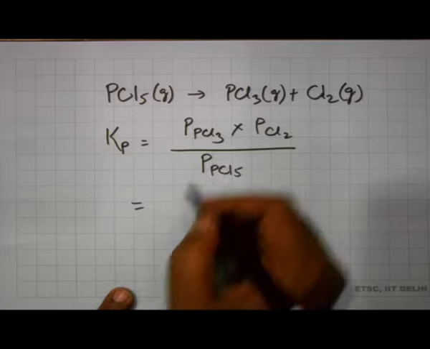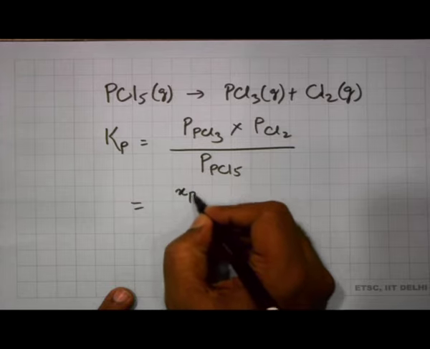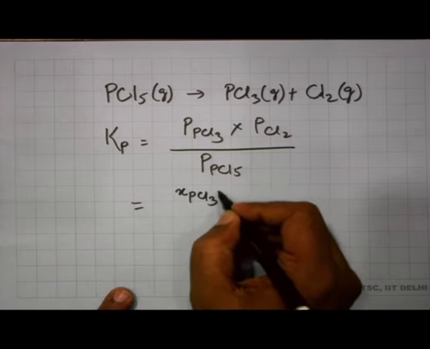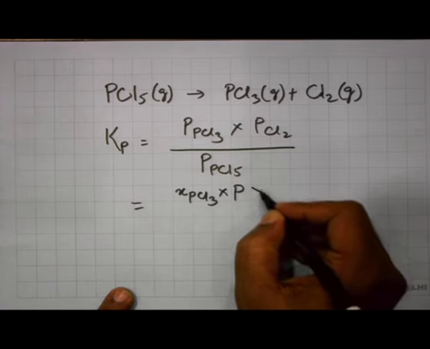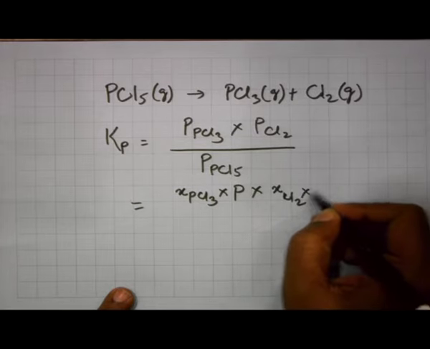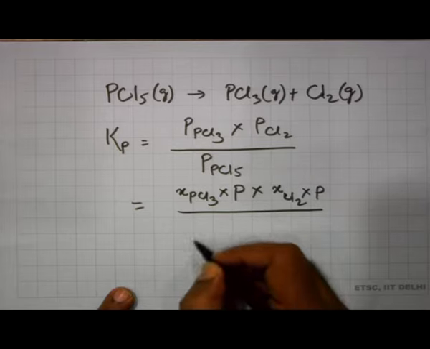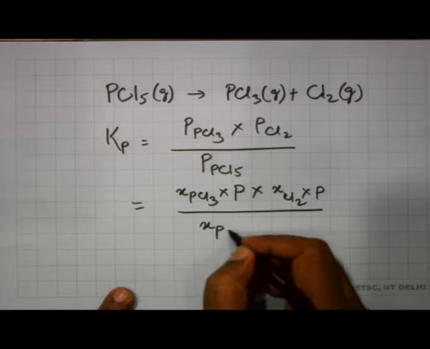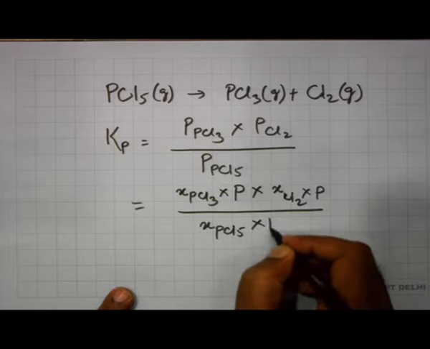Each pressure is the mole fraction times the total pressure: mole fraction of PCl3 multiplied by total pressure, times mole fraction of Cl2 multiplied by total pressure, divided by mole fraction of PCl5 times total pressure.